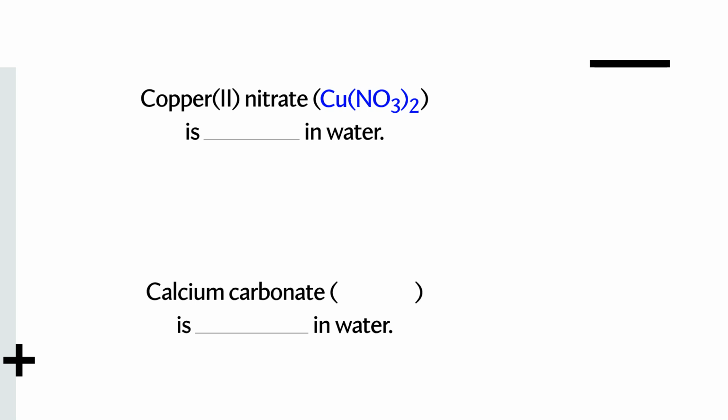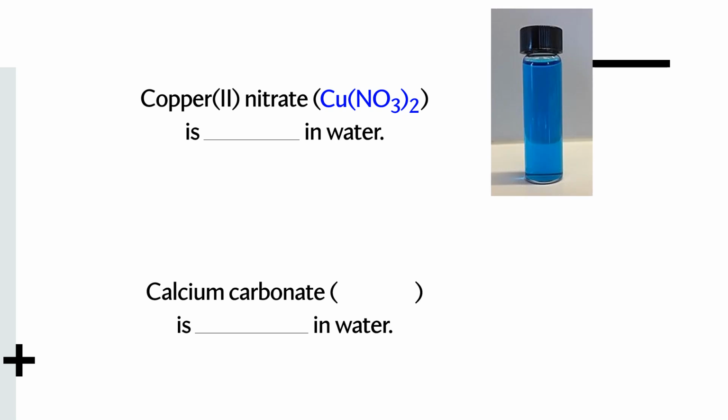Nitrate has a -1, so you need 2 nitrates to balance out a single copper, right? After you put copper nitrate inside water, it turns into this blue liquid, and it's all homogeneous, all well mixed, and it turns into this liquid that you can't really distinguish anything uneven or different parts of in the solution. So this particular compound is called soluble in water.